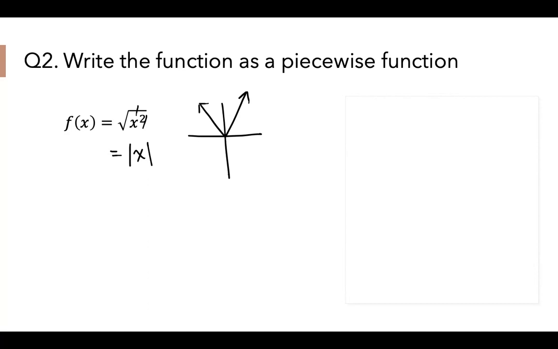Now we have to put it in a piecewise function. Let's find the domain. Let x equal to 0, and the boundary they're going to share is 0.